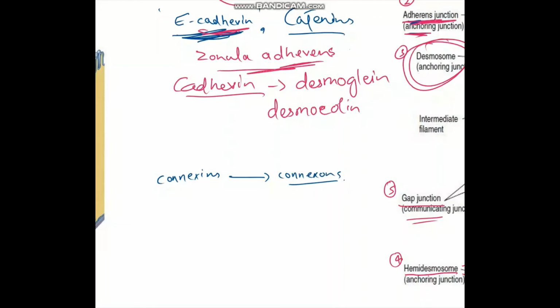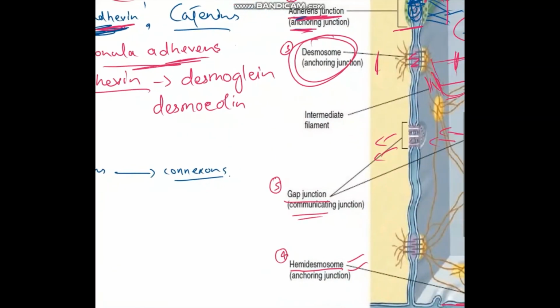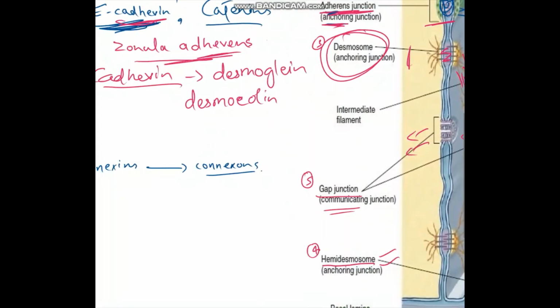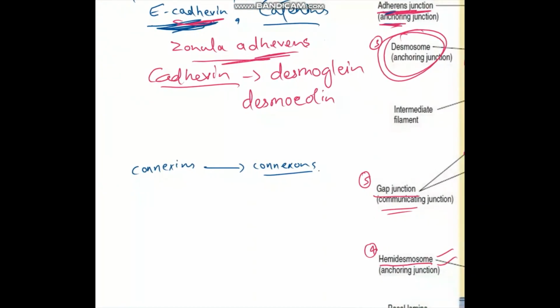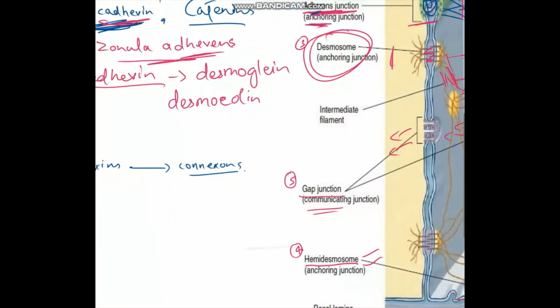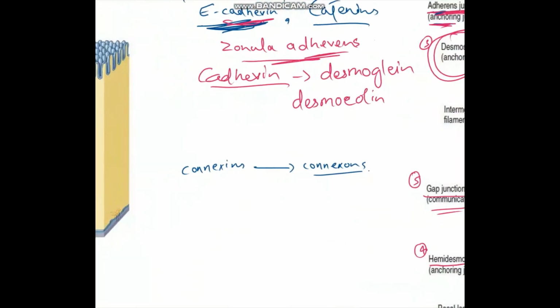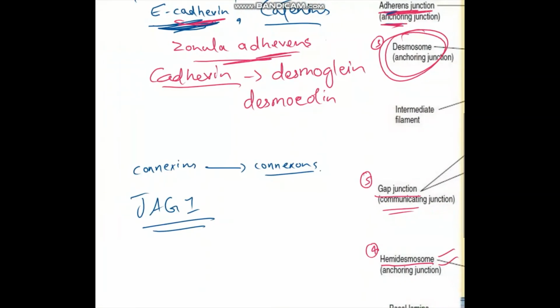A good example of these gap junctions would be the embryo mesenchyme, where, as we know, there are usually no hormones through the endocrine system, and therefore in the early embryo especially, the cells are dependent on intercellular communication, and this is done through these gap junctions. A very common example would be the JAG1 gap junctions that are present in the embryo mesenchyme.